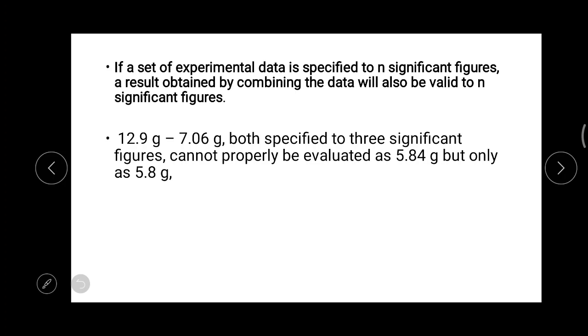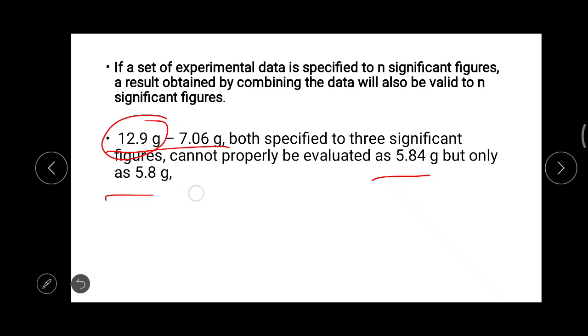In one example, it is given that 12.9 minus 7.06. Actually, in both cases, the significant figure number is 3. So the result should also have 3 significant figures. But as we have to follow the rule of arithmetic operation, that in the case of subtraction and addition, we will be considering the decimal places, isn't it? And the least number of decimal places, here it is for 12.9, that is, only 1.